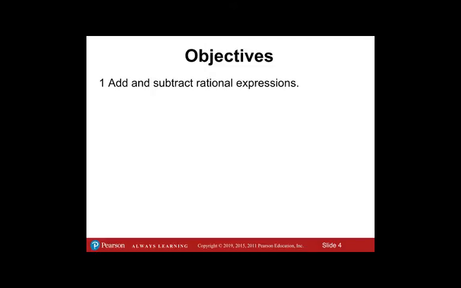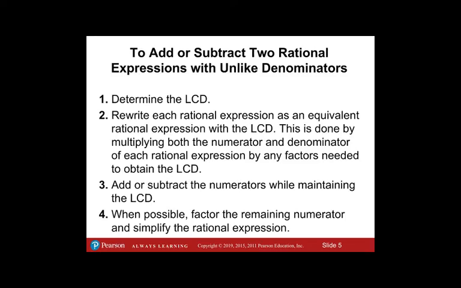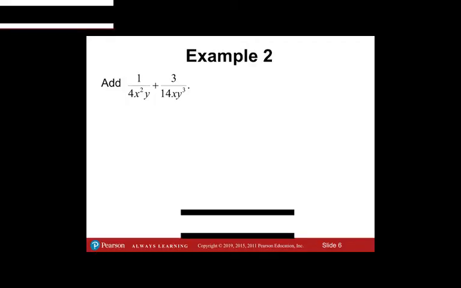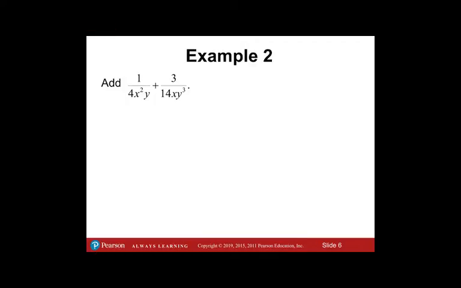Now we want to see what we do when they have unlike denominators. I'm going to let you go through this on your own, and I'm just going to work a few examples. If we want to add, it's just like adding fractions where we have to get a common denominator, so we want to find the least common denominator.